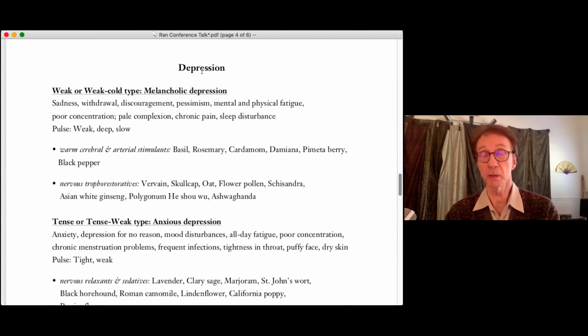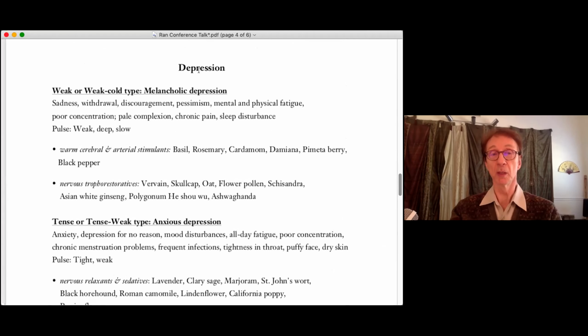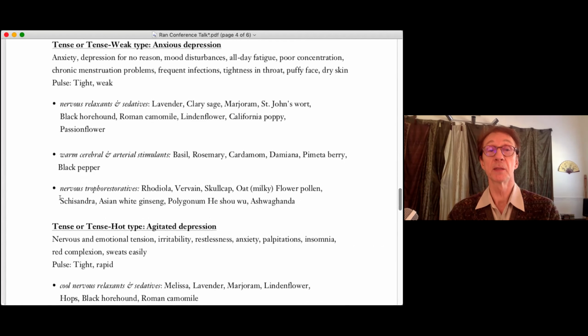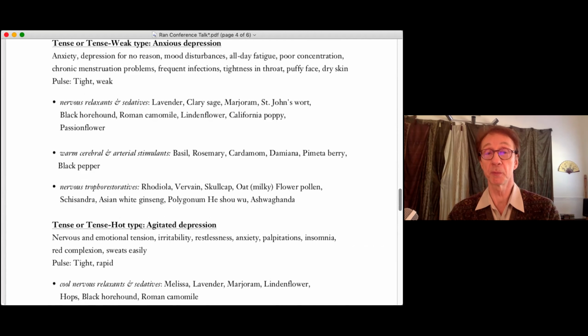We'll end up with looking at treatment of depression. And with each of these conditions, we classify it according to the terrain. Weak or weak cold type of depression, tense or tense weak type of depression, which creates an anxious depression. Tense or tense hot type of depression, which creates an agitated depression.